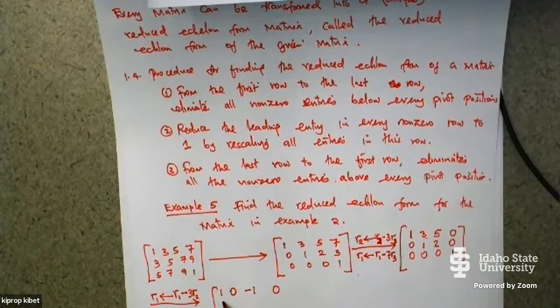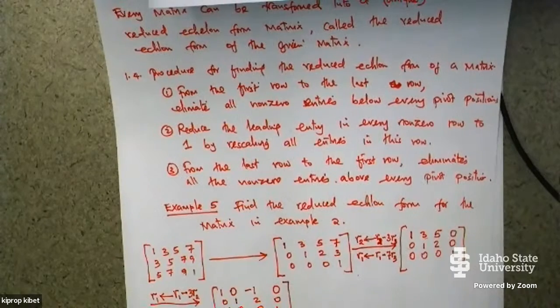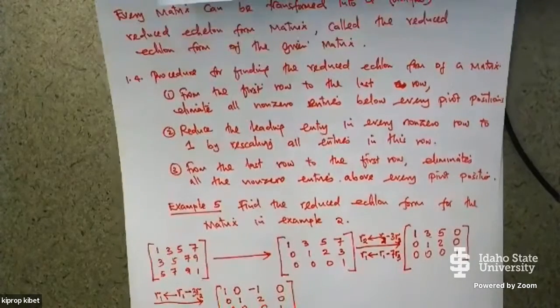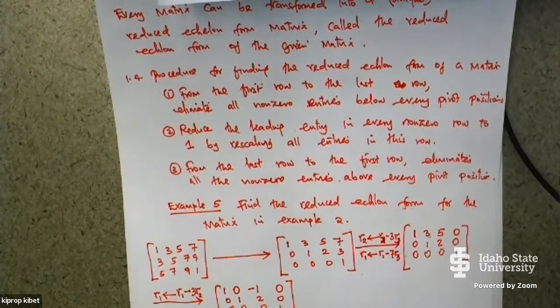And then we have 0, 1, 2, 0. And then 0, 0, 0, and 1.